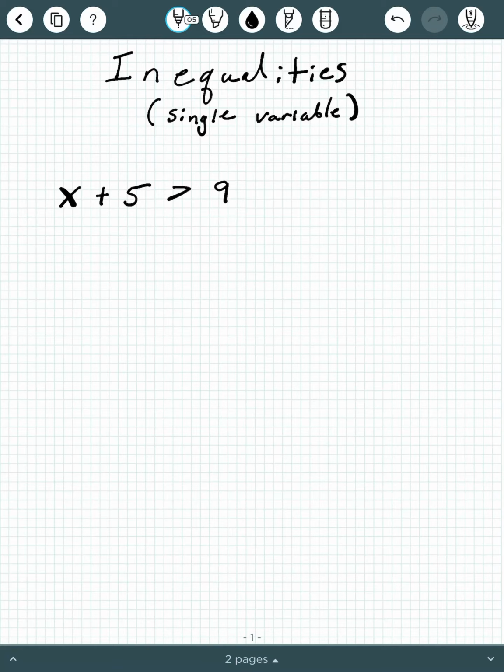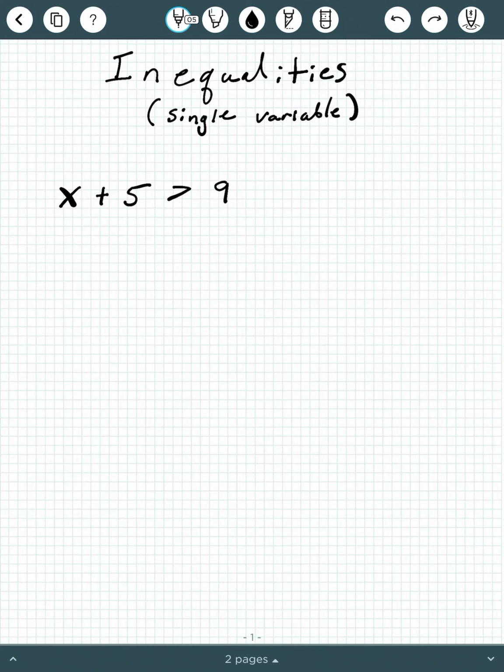But here, if I want a number greater than 9, I could put 5 in for x, and that would give me 10, which is greater than 9. Let's look at that. 5 plus 5 is greater than 9. 10 is greater than 9. I think we'll all agree on that.